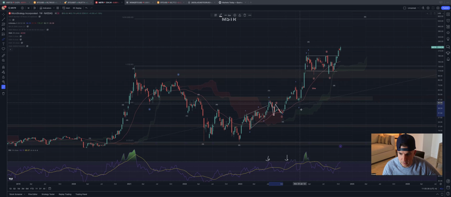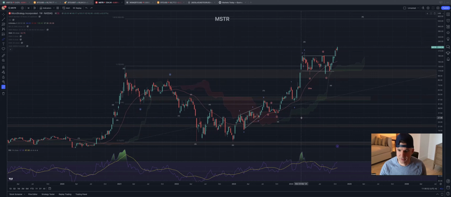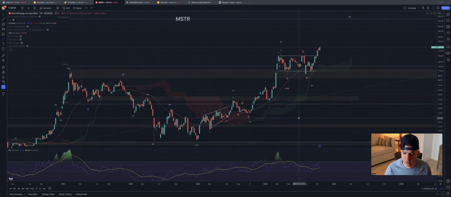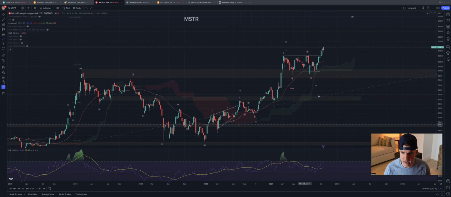February 2024, again, here's another area where we approached that 70 RSI. Right here, the following week was flat, and then price went from 70 to 178 in the following 3 weeks. And so not a lot, I think, can be surmised in terms of what may happen next week or the week after from that. I think just some different scenarios to be aware of, given where we are with the power of this move.